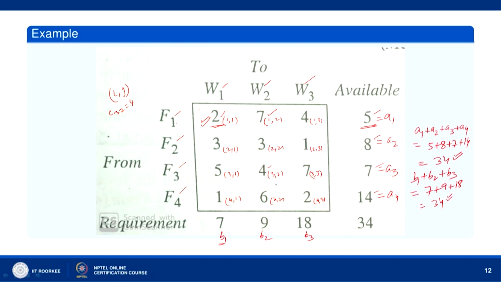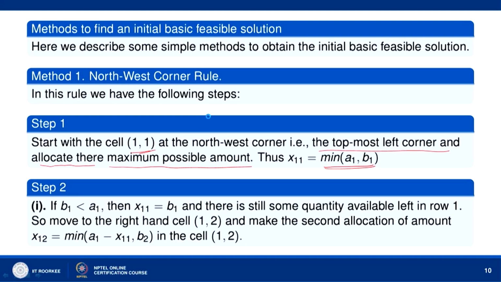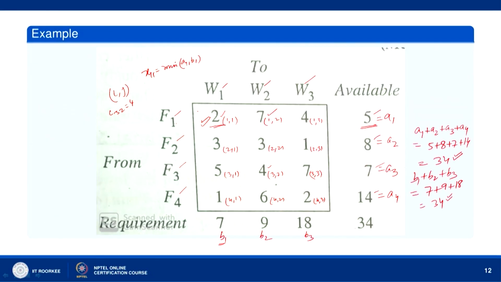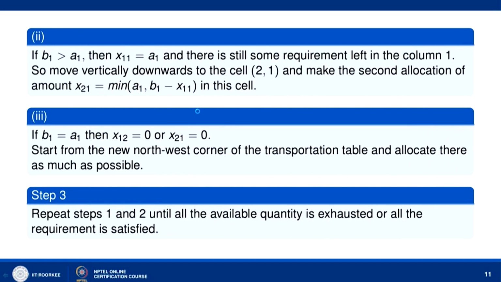Okay. So, x11 will be equal to the minimum of A1 and B1, which should be allocated to the topmost left corner of the table in this northwest corner rule. So, we will allocate 5 to this cell.